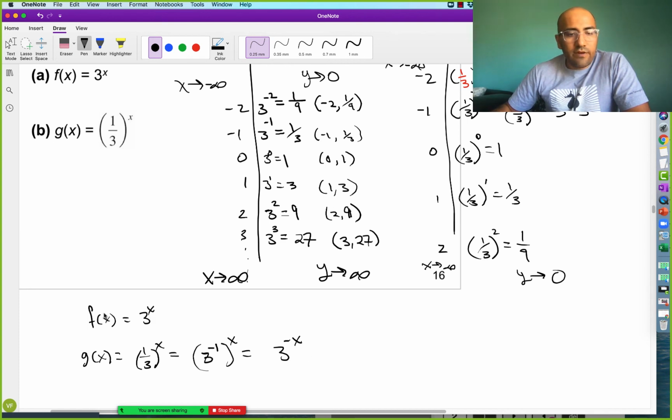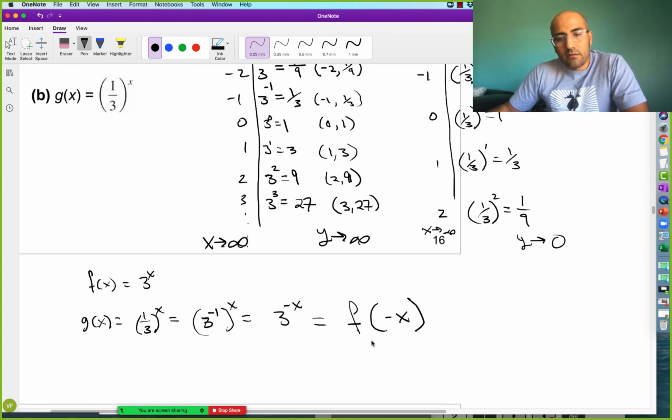So that's just this function evaluated at -x, f of negative x. If I took this function and plugged in a -x, I would get 3 to the -x. So these two are related this way, and we know from before that this is a reflection about the y-axis.